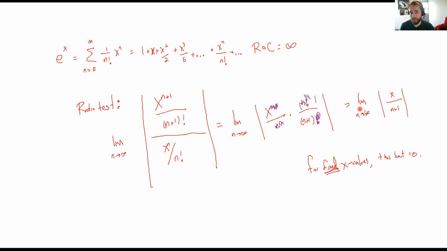So this expression equals 0 for any fixed x value. And by the ratio test, the ratio test said that our series would converge as long as that limit was less than 1. So in fact, this series converges for all x values.